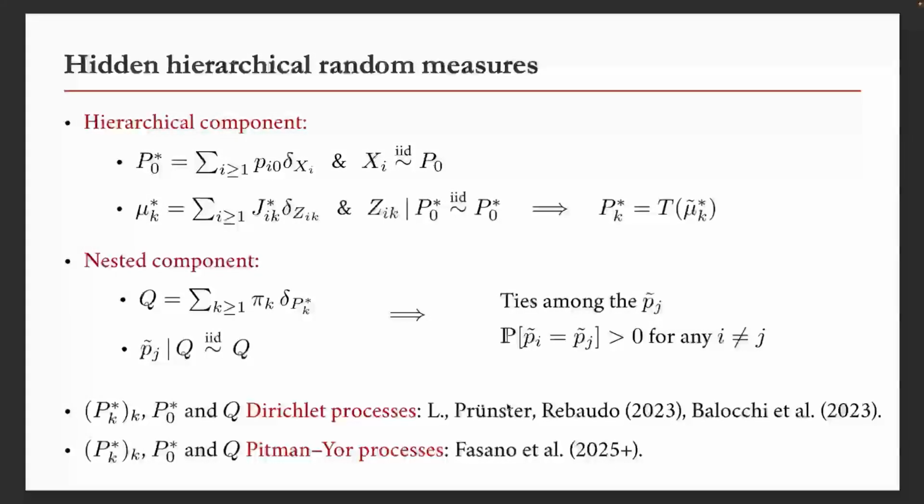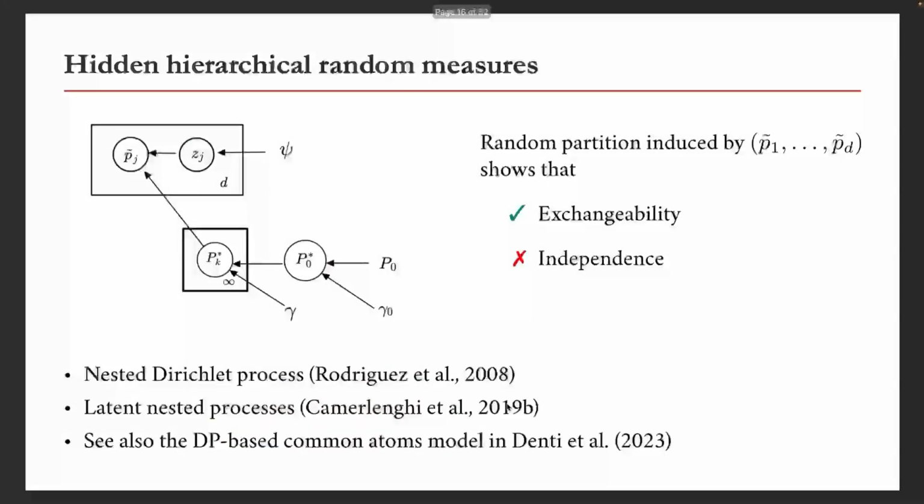Whereas when they are PYP (Pitman-Yor) processes, there is ongoing work with Augusto, Giovanni, and Igor with an application to species sampling problems. Now, here is a cartoon representing this kind of modeling structure, where you see that the rectangular part represents the hierarchical component, and this square is the nested component.